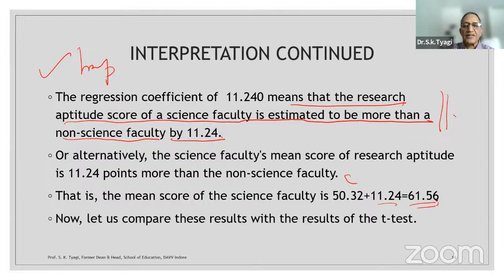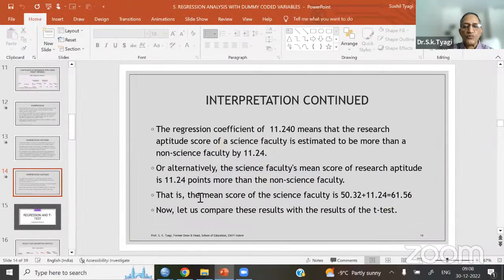Now we can compare these results with the results of the t-test. So I conclude this. What we have done, we have coded the variable faculty using a dummy coded variable, and we have created two variables. One we chose as the reference faculty and the other we entered as a predictor. We got the result.